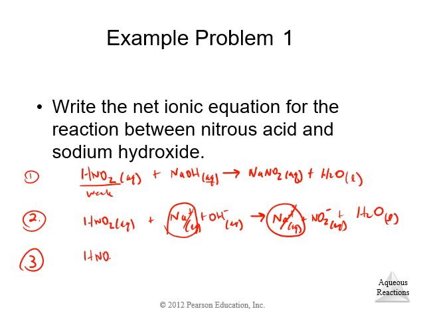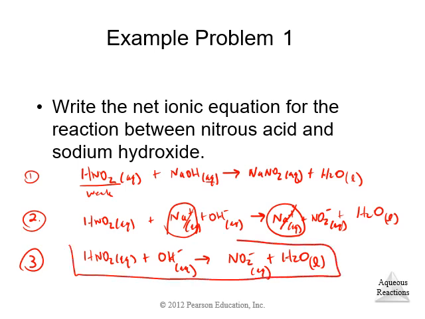So I'd have the HNO2 aqueous, I would have the OH minus, and it would form the NO2 minus and the H2O. Again, liquid, aqueous, and aqueous. So that would be my final answer for the net ionic equation.